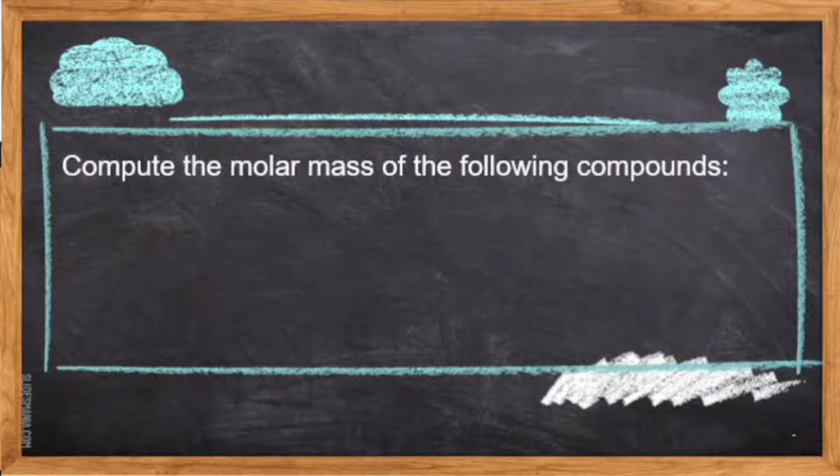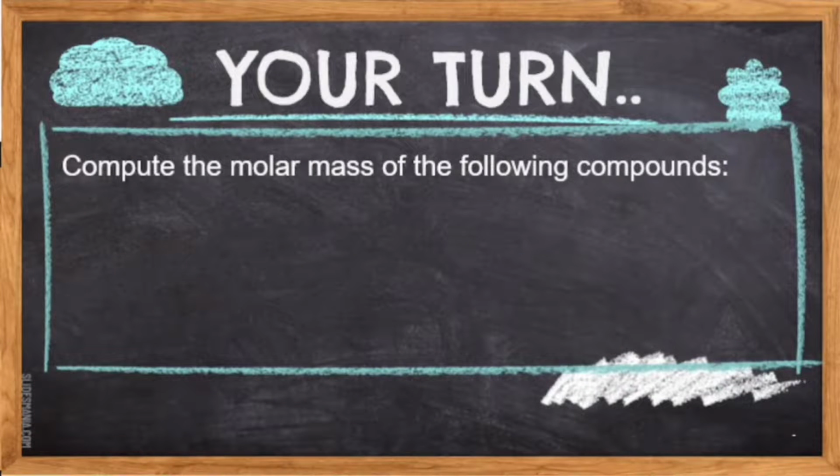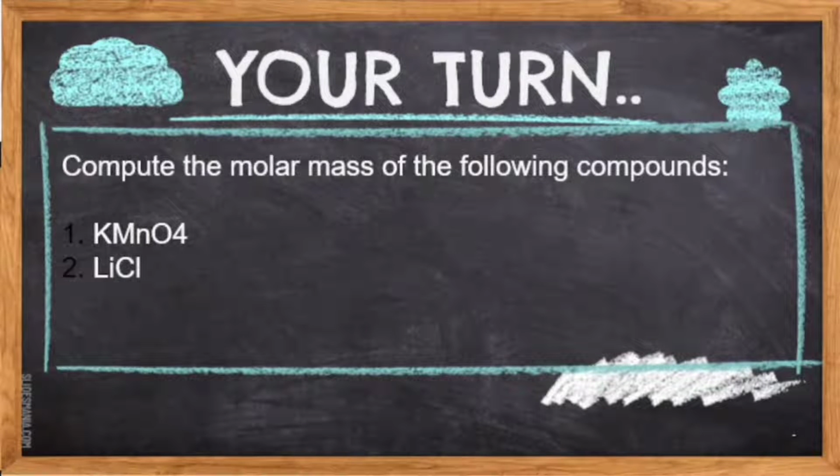Now it's your turn to get the molar mass of the following compounds. Number 1, potassium manganate. Number 2, lithium chloride. Number 3, sulfuric acid.